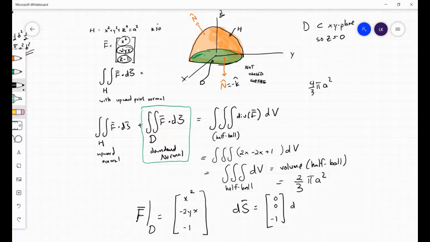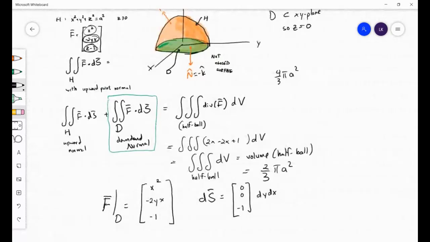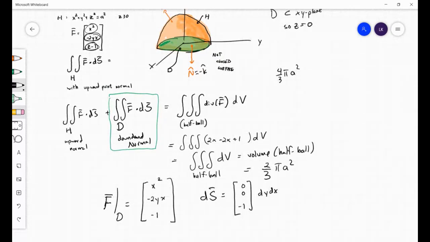And the differential area element in the xy plane is just dx dy. We could just guess, or if you really wanted to, you could parameterize the disk, which would be very simple.